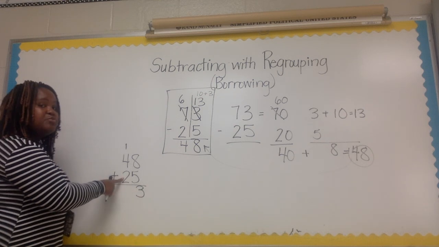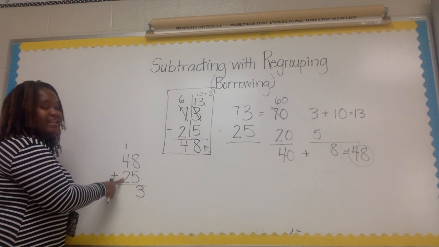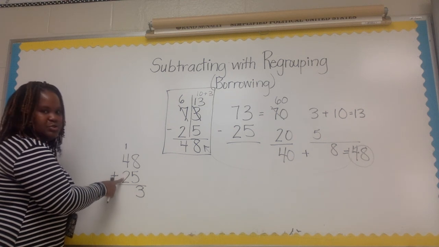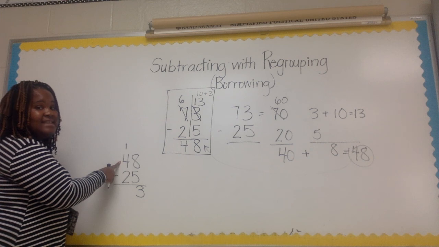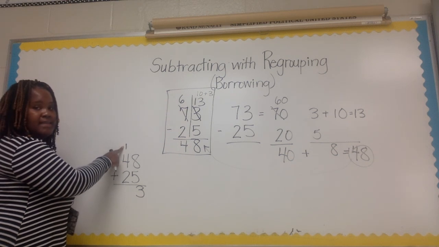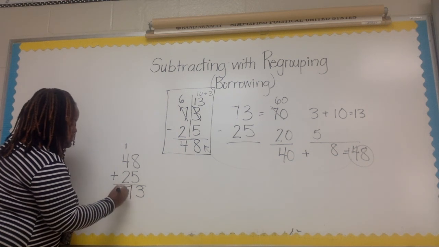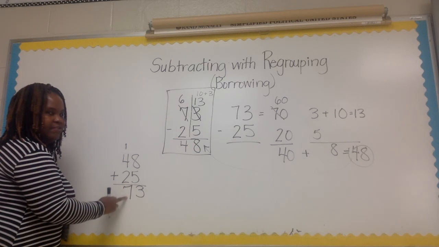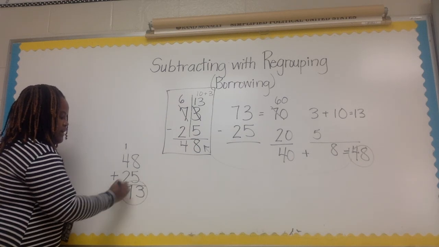So this 2, the value of this 2, really is 20. But when we say 2 plus the 40 is going to give us 6, plus 1 is going to give us 70. 7, sorry. So now the answer that I came up with was 73.